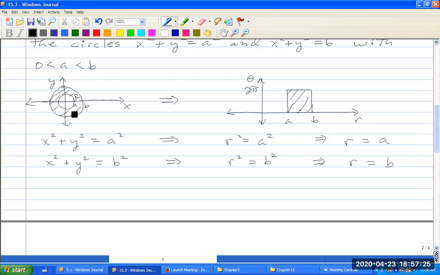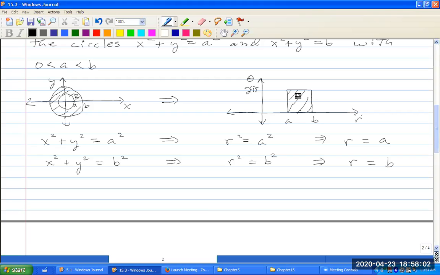And everything inside, since we're now sweeping around this whole region, is the same as sweeping the angle theta from 0 to 2 pi if I only go one time around the circle. And so this rectangle is the same as this annulus. So it turns out that integrating over this is not so easy, but integrating over this guy, oh, that's really easy. So changing from this region to this region makes my life easier.